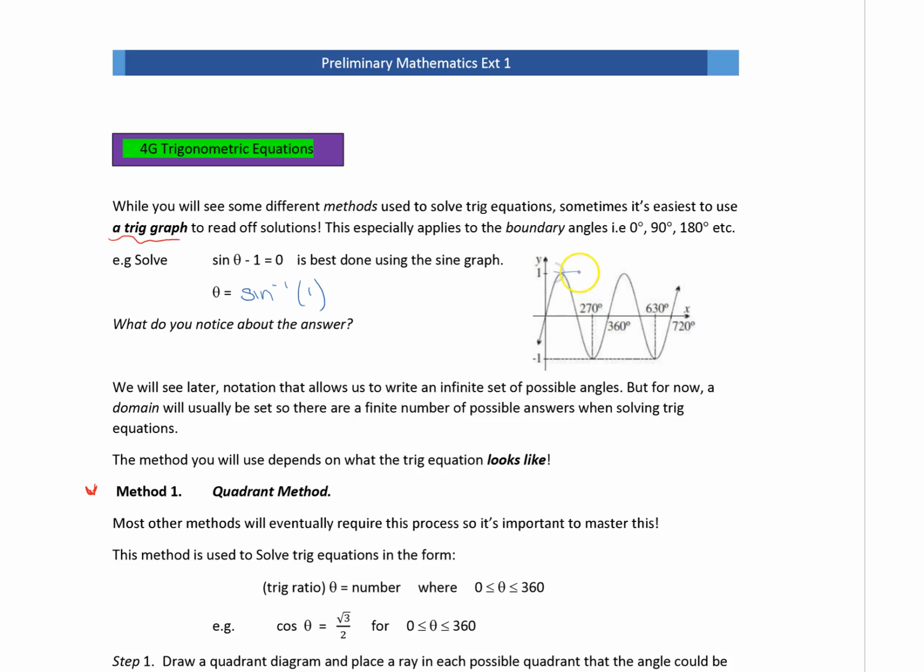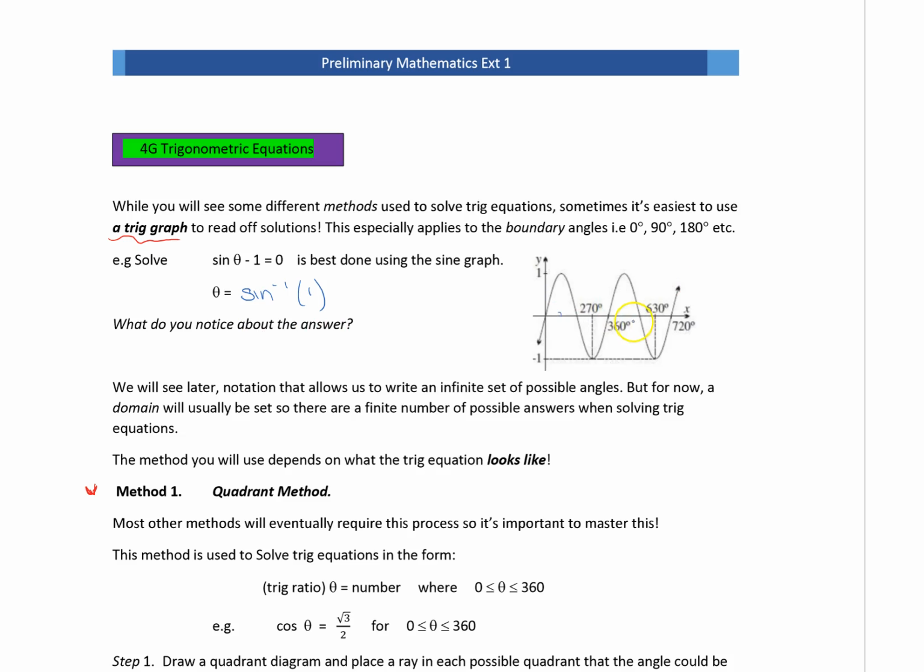Actually, that is such an obvious value on the graph that we're looking for, when sine is 1. It's very easy to read them off as 90 or pi on 2 if we're in radians, etc. Also pointing out here, it says, what do you notice about the answer?